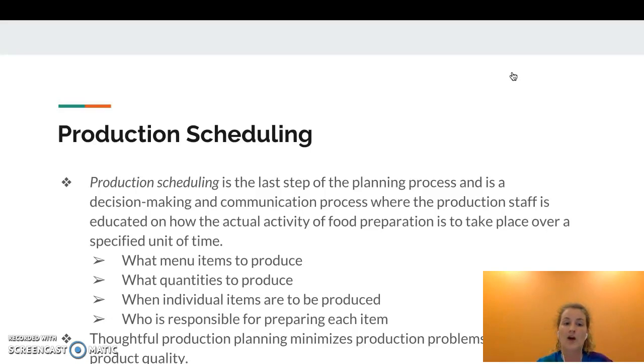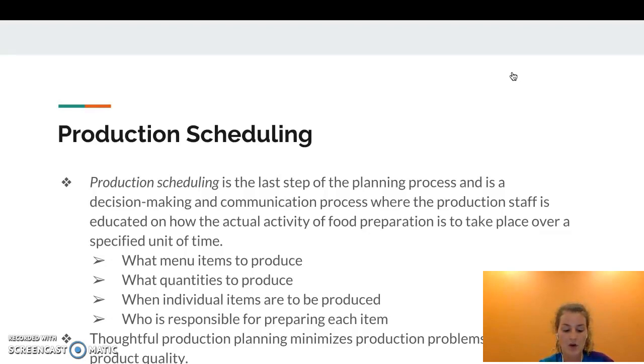Thoughtful production scheduling and planning minimizes production problems and maximizes product quality, because food prepared too far in advance runs the risk of increased deterioration, low yield, and microbial contamination, and products prepared too close to production run the risk of delayed service and creating chaos in the production.